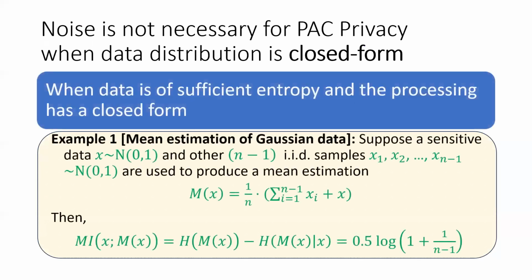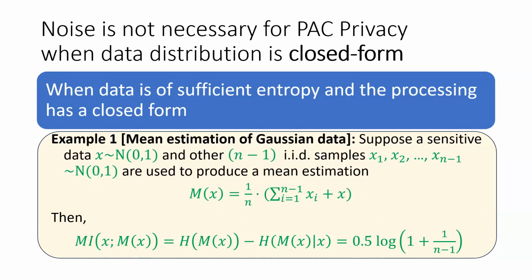Okay, before we talk about the automatic privacy framework, we give you a simple example of how we can exploit the data entropy. In this example, we consider the mean estimation of Gaussian data. In this case, both your input distribution and output distribution have a closed form. When we average out n Gaussian data, the upper bound of the mutual information can be bounded by log(1 + 1/n).